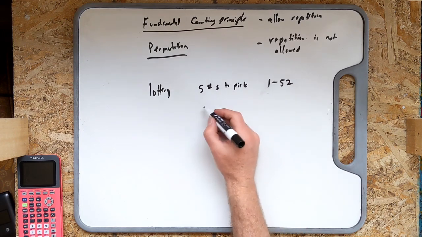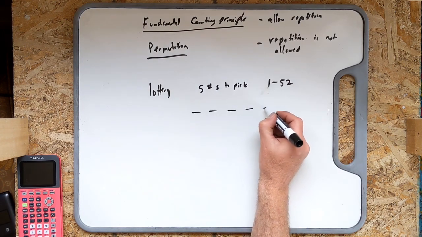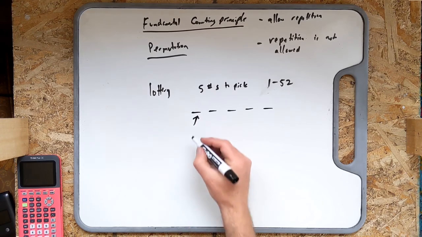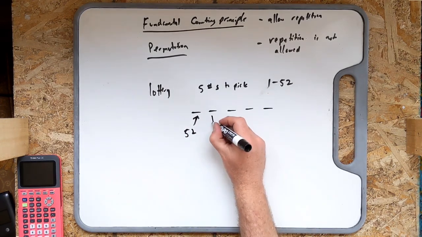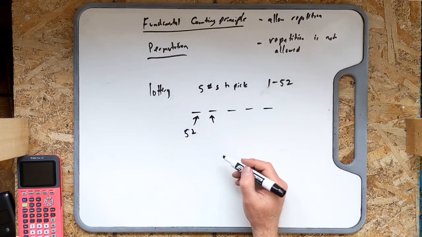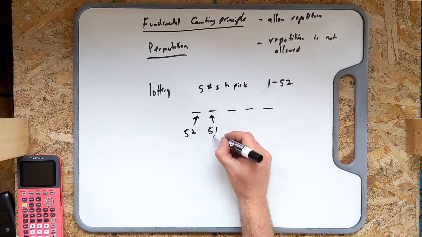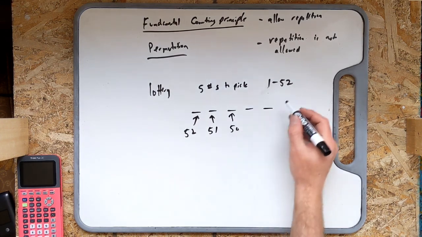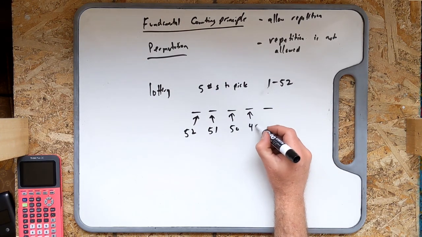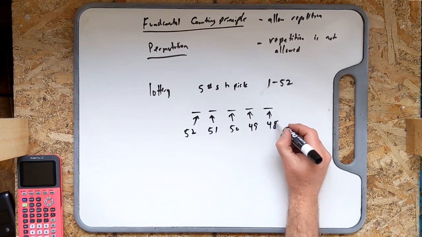However, you can think, again, I have 5 digits, 1, 2, 3, 4, 5. The first slot, I do have 52 possibilities. Any number 1 through 52 can work there. The second one, I've used up a number, so I only have 51 numbers left. The third one, 50. The fourth one, 49, and the final one, 48.